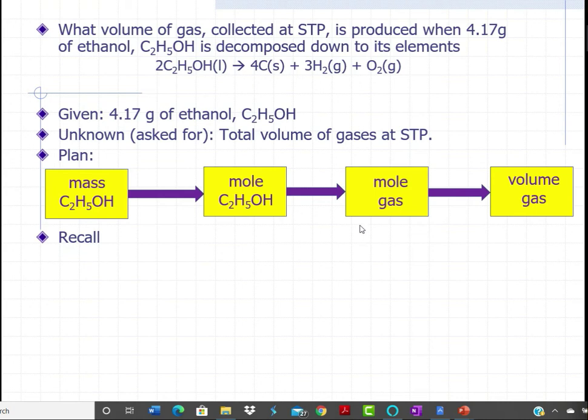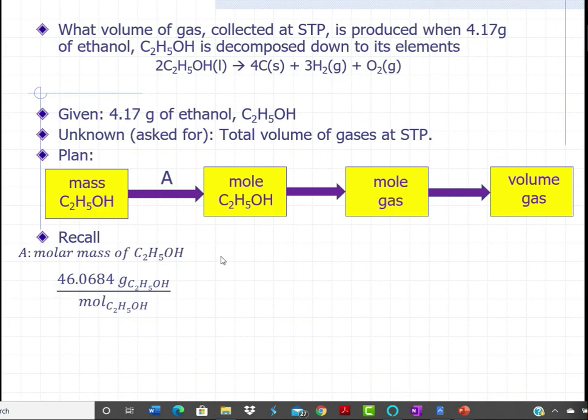So, what are our recall steps? For step A, we need a molar mass of ethanol. So we look that up, we do the calculation, we find out that it'd be 46.0684. For part B, we need our balanced chemical equation. Now this one's a little tricky because for every 2 moles of ethanol, we have 4 total moles of gases, 3 plus 1.